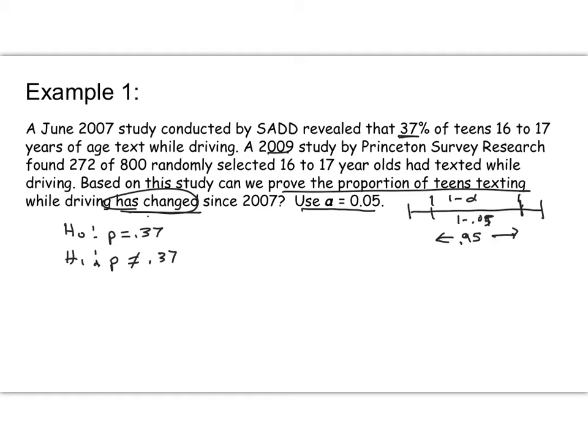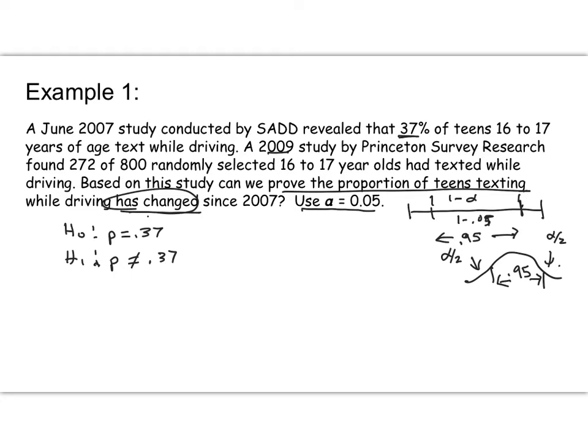That means we're looking at a two-tailed test. 95% of our data is in the middle of a normal curve, and these two regions together are alpha. Each region in and of itself is alpha divided by 2 because it's half of the alpha.